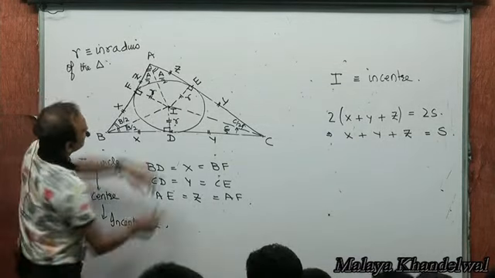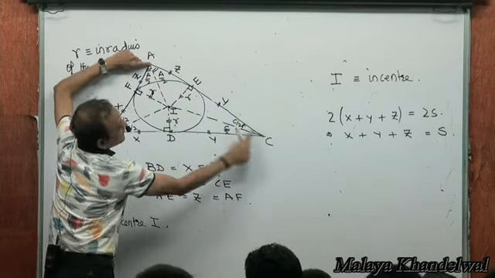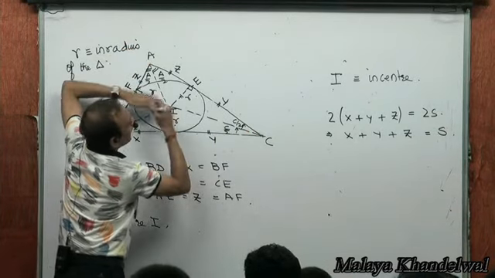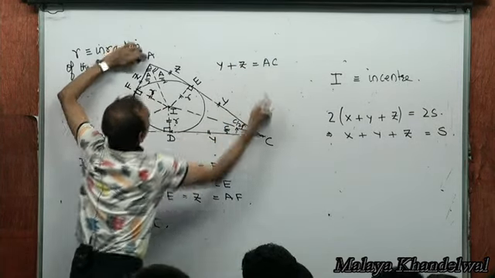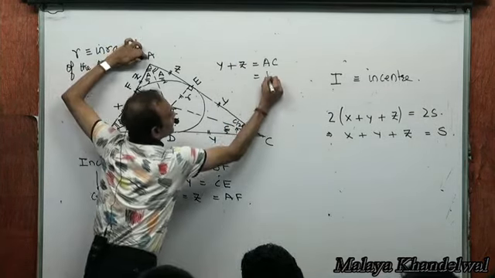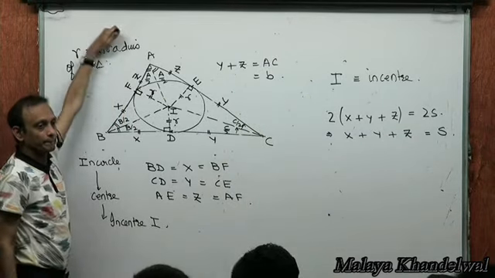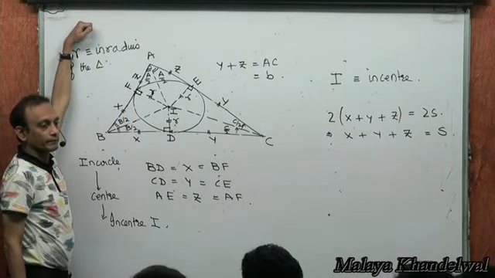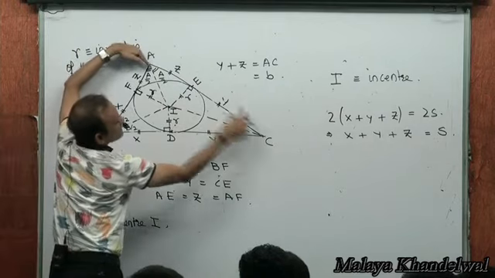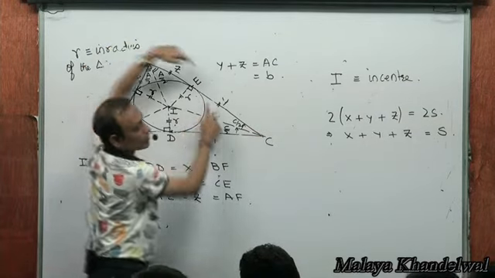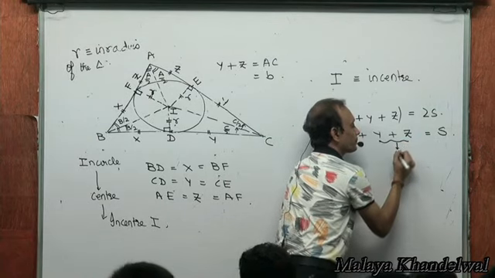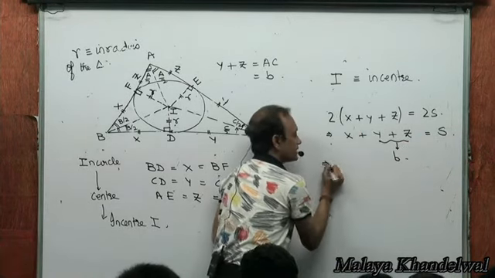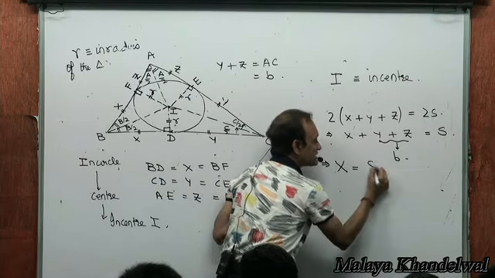Right? What is y plus z? Is it not AC? But AC is small b. So this y plus z I can write as small b. So could I not have said x equals s minus b?